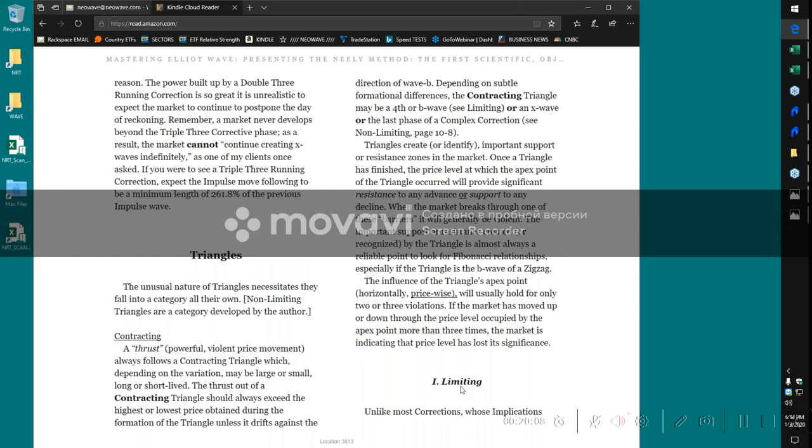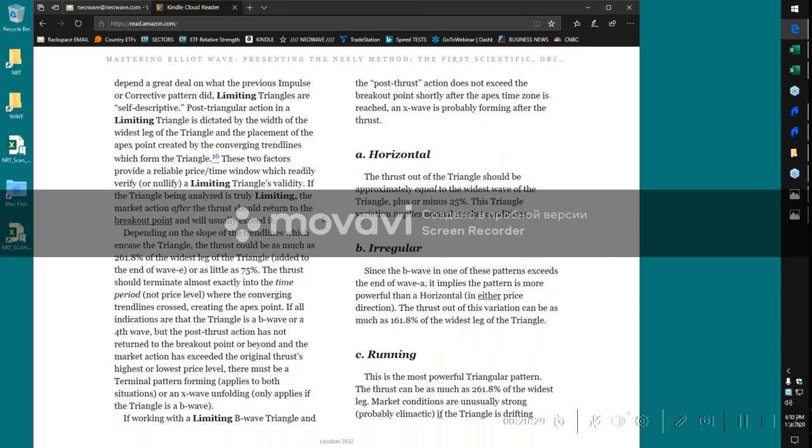So you'll contract until about 75% of the trend line range is consumed, and then that last 25% is typically left for the thrust out of the triangle contraction, and then the thrust will be equal to the widest wave of the triangle, and that thrust will end right around where the apex point of the triangle occurred.